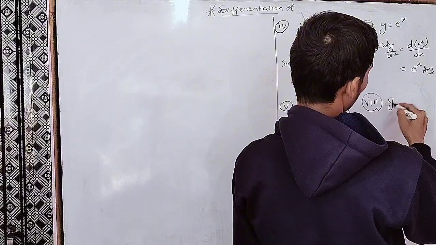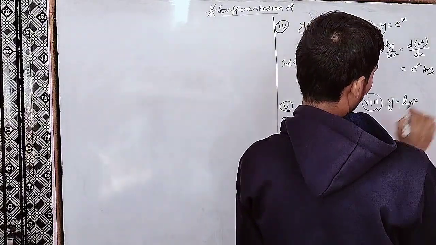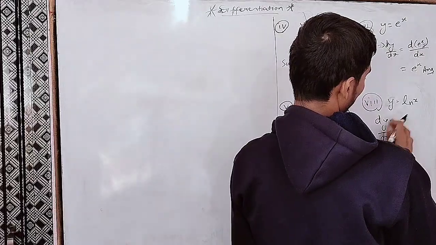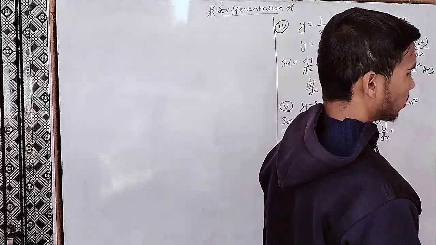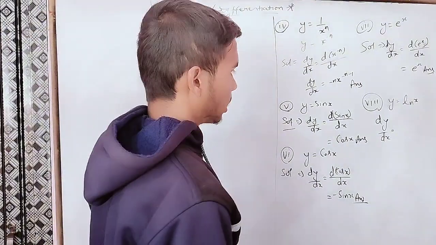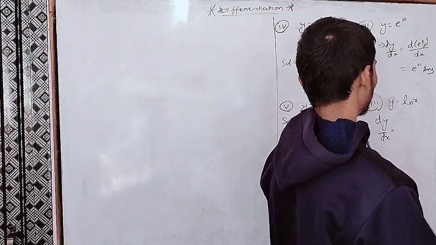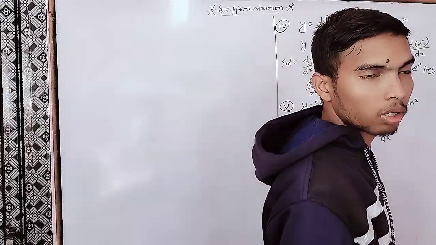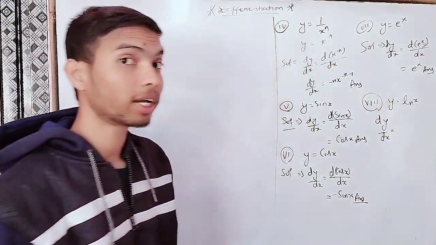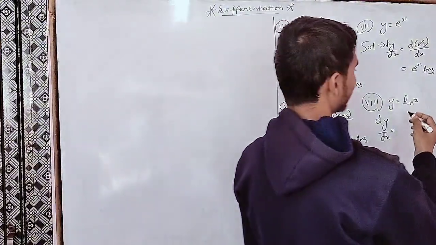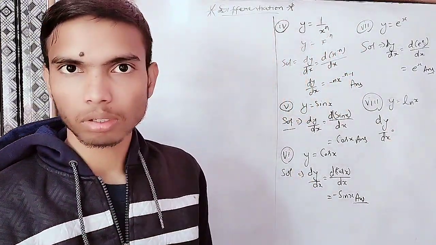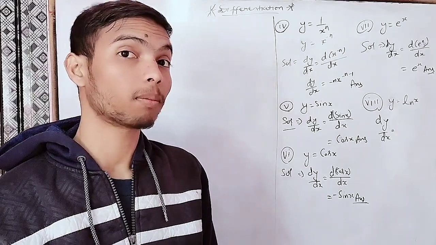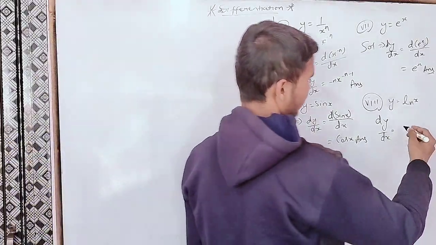y is equal to ln x. So dy by dx. Okay, dy upon dx. So here the formula for differentiation of ln x is 1 by x. 1 by x.